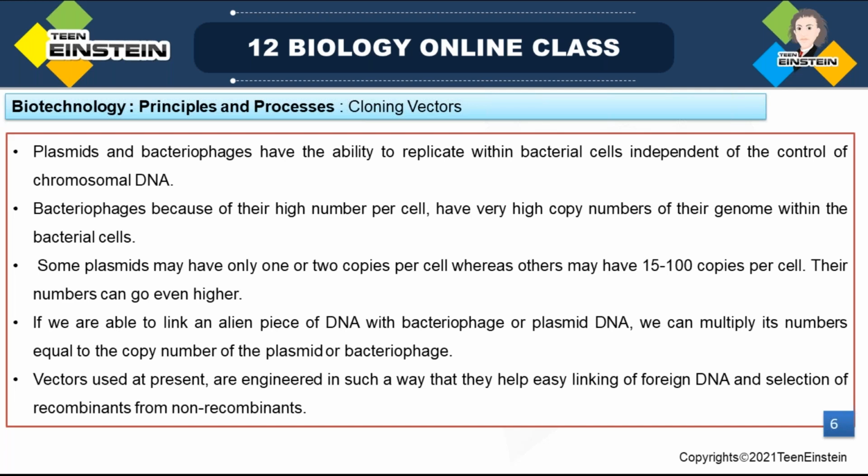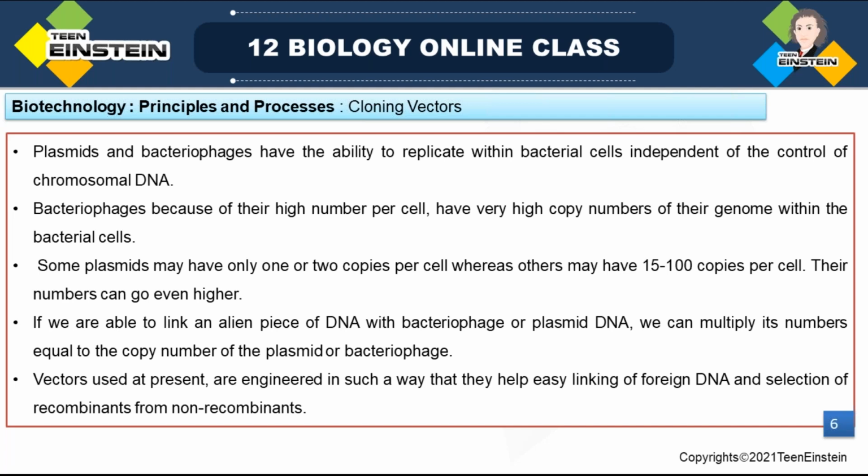Suppose we are making a recombinant DNA. For that, we are linking a foreign DNA, a piece of alien DNA, that means the DNA with the gene of interest. Don't get confused with the plasmid or bacteriophage, which is the vector.